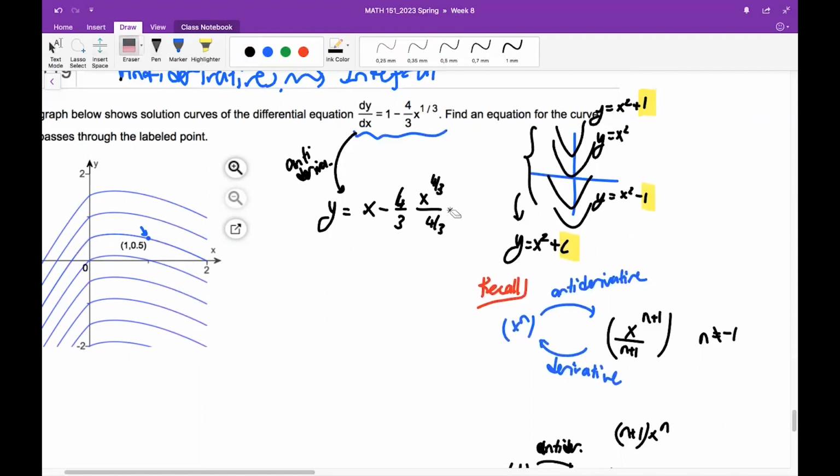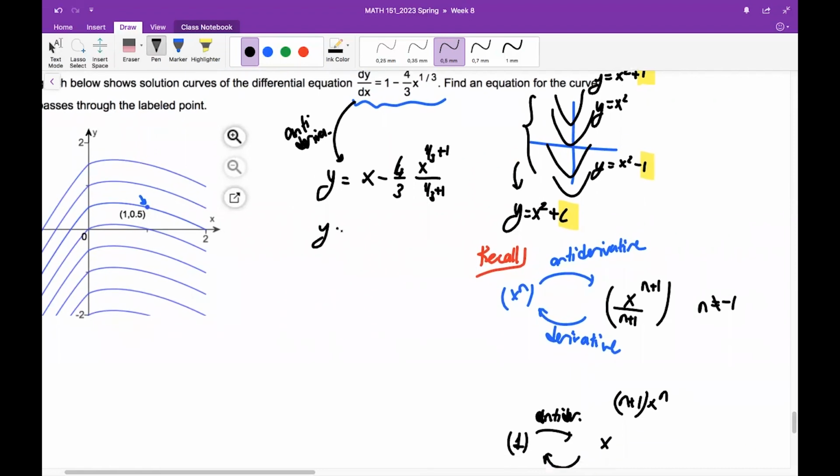Okay, maybe I should write it in a more clear form. What I did here is the original power was 1/3 and I added 1 to the power as the rule tells me, and I divided by the same power. And then what we obtain for the y function was 4/3.